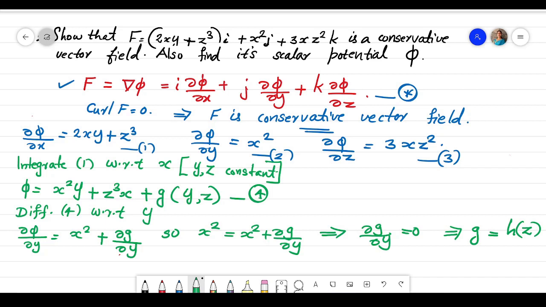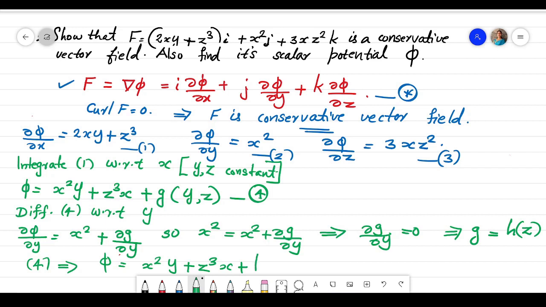So what is our equation number 4 now? Equation number 4 implies phi is equal to x square y plus z cube x plus, now instead of g, actually g is a function of y and z, so here we can write g is equal to h of z.